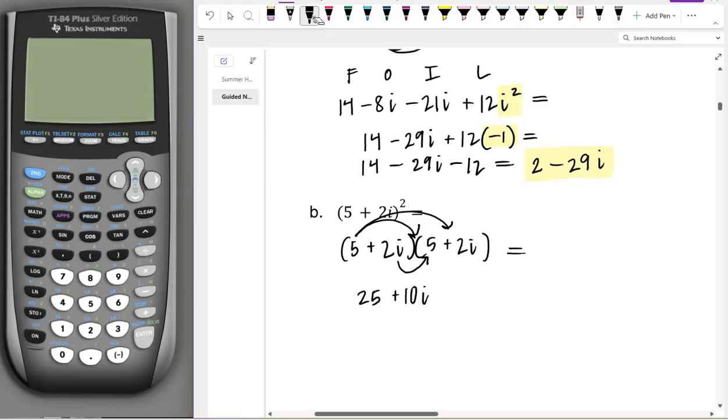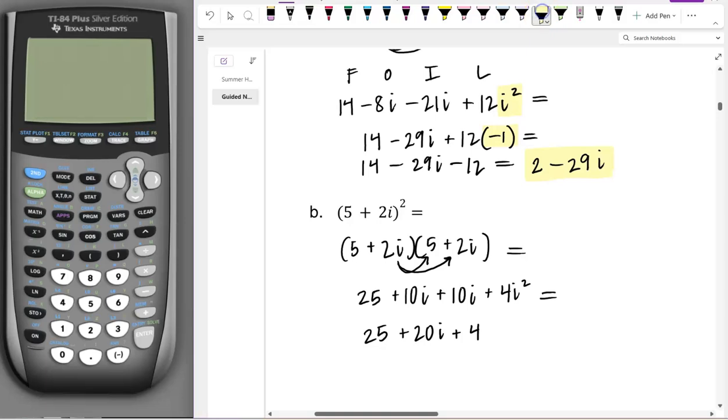Then we'll distribute our imaginary number part. So 2i times 5 is 10i again, since multiplication order doesn't matter. And 2i times 2i is 4i squared. Just like on the last problem, our imaginary numbers can combine. 10i plus 10i makes 20i.